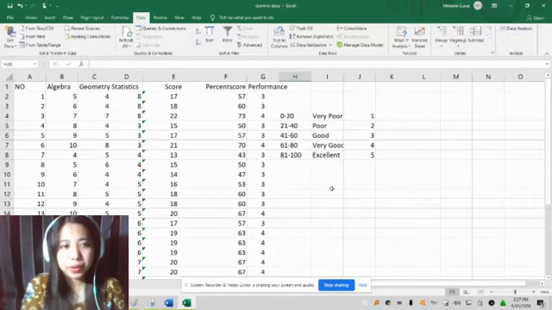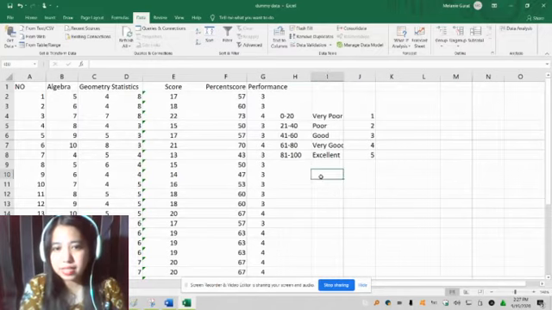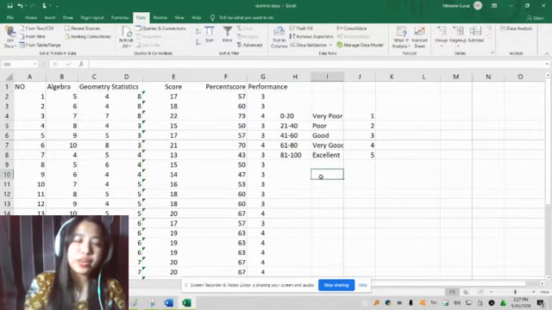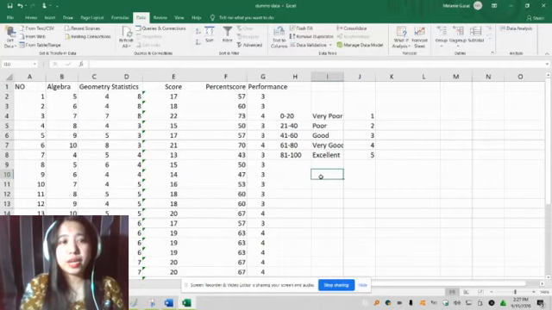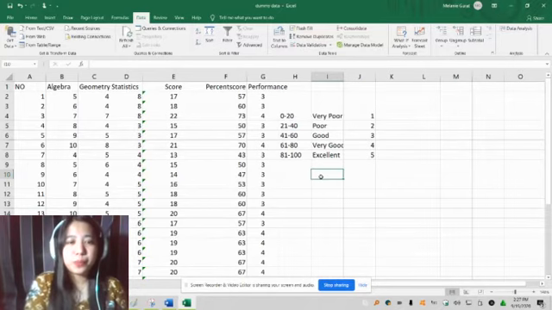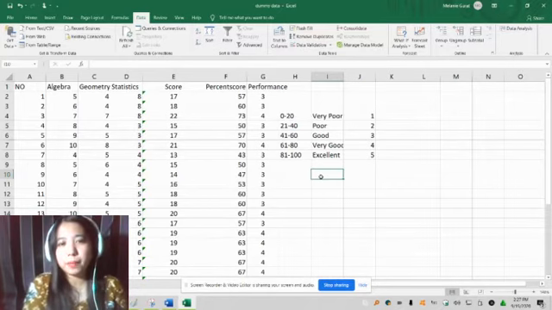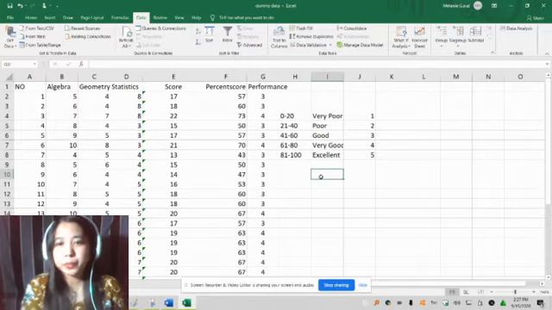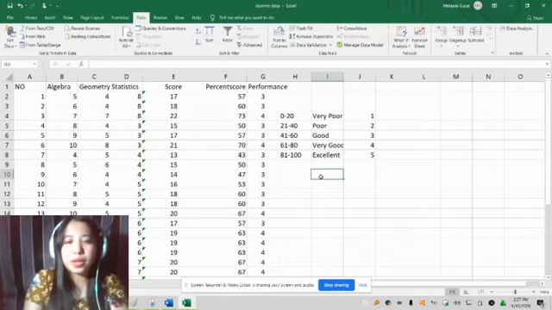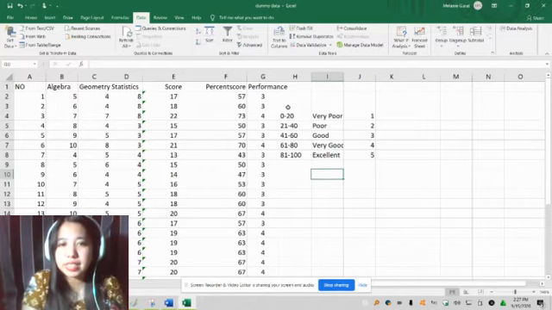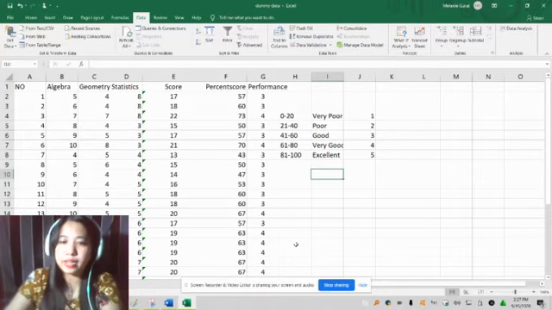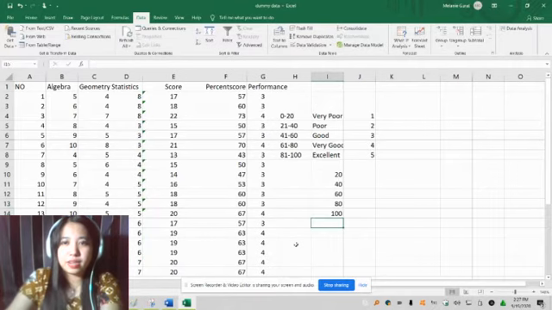Now, if we are going to consider the frequency, or the answer for that question, how many of the students are very poor, poor, good, very good, or excellent in their performance, what we need to consider is the upper limits. So I'll encode 20, 40, 60, 80, and 100.